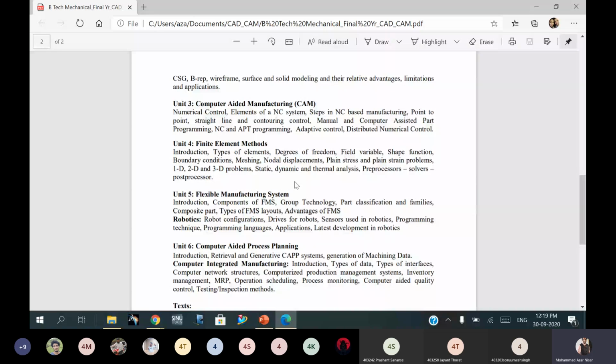It also involves dynamic and thermal analysis, and we will see the steps involved in FEM.